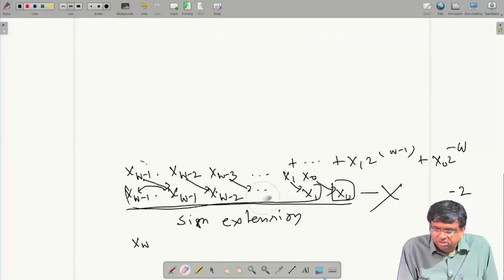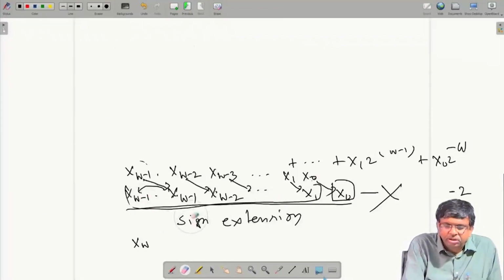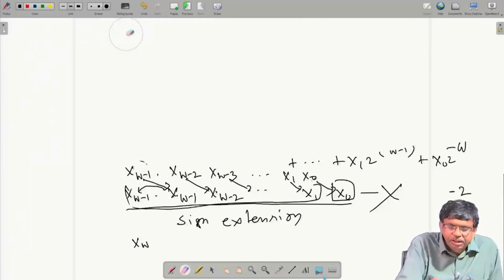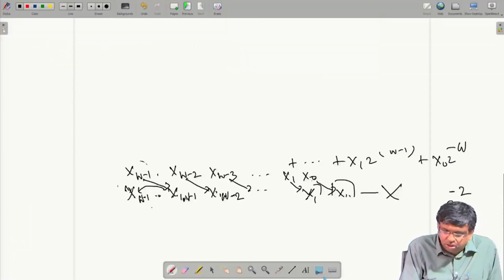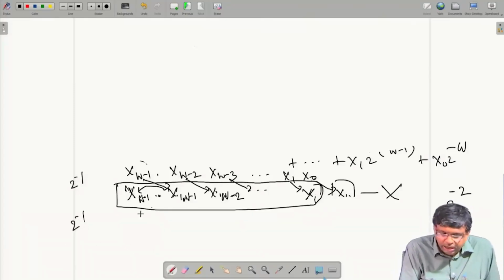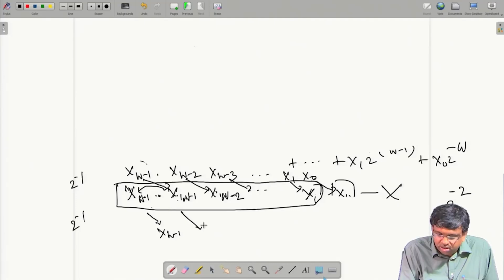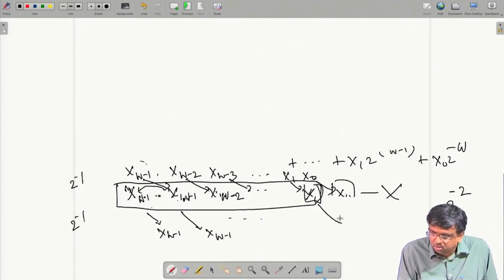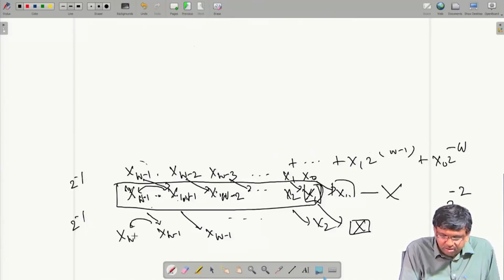So, this is the word. When I multiply by 2 inverse, another 2 inverse, again the same thing, this will be shifted. So, x w minus 1 will come here, next x w minus 1 will come to this position, and dot dot dot, x 1 will go out and x 2 will come here, and this will get extended here.